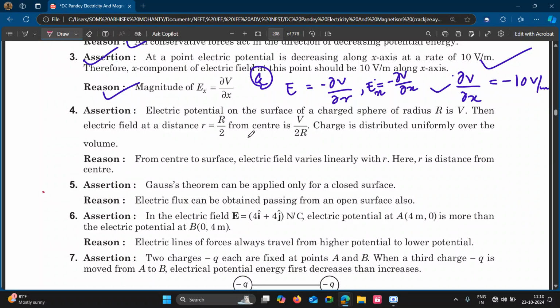Electric potential on the surface of a charged sphere of radius r is V. It's a charged sphere, suppose a lot of charges are there.